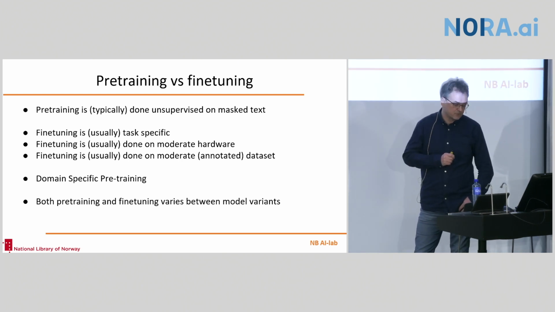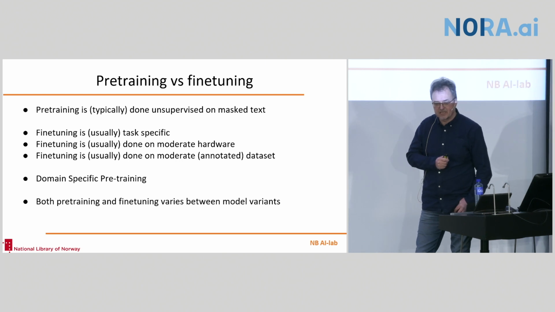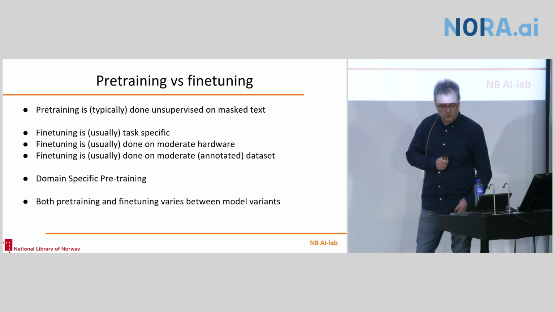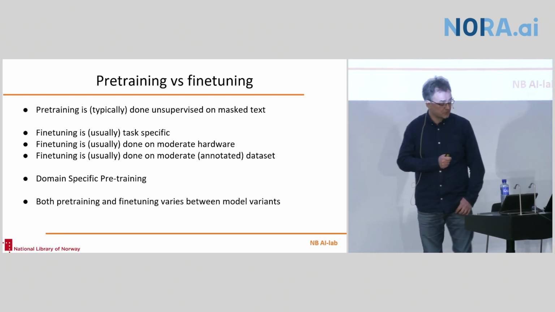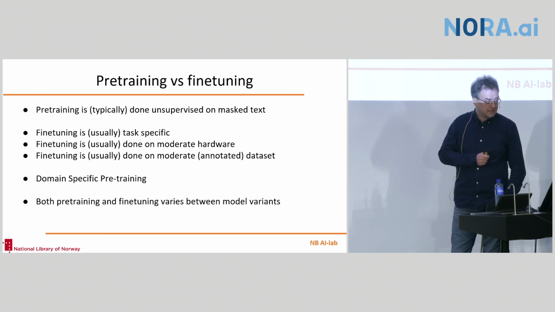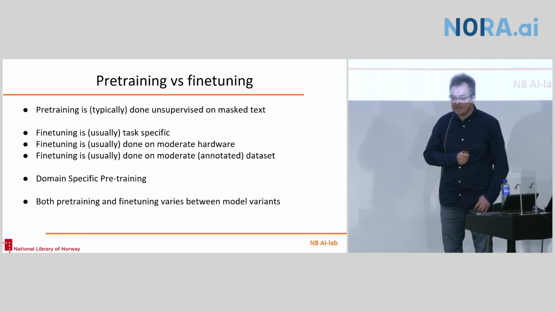It can be for one task, but as I also show later, it does not have to be only for one task. It's usually done on more moderate hardware. It's something that you can do yourself. And also, usually it's done on annotated data.